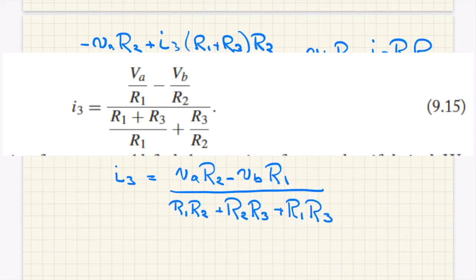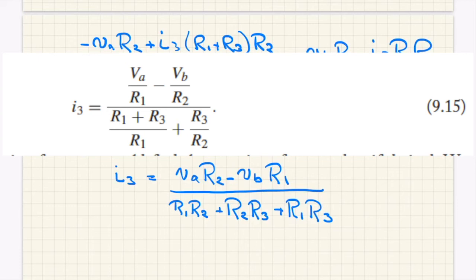There's a certain amount of redundancy, and I don't think we've really gained a lot by using that form. But we can certainly convert it into that form. And I would encourage you to either take 9.15 and convert it into this by making R1 times R2 the common denominator, just as we did effectively here, or take this equation and divide it accordingly to get those ratios you see.